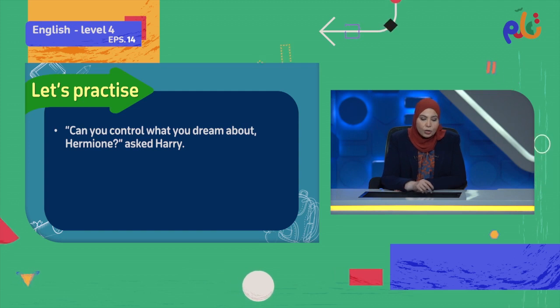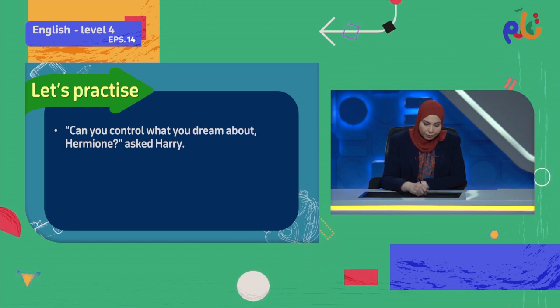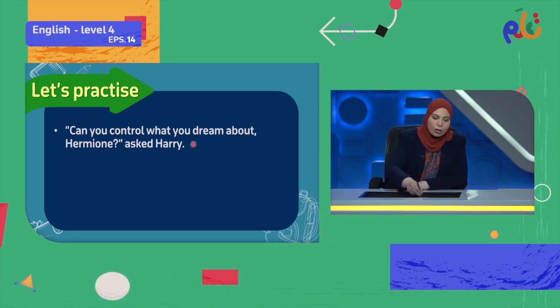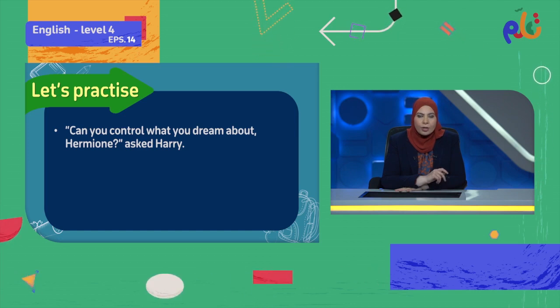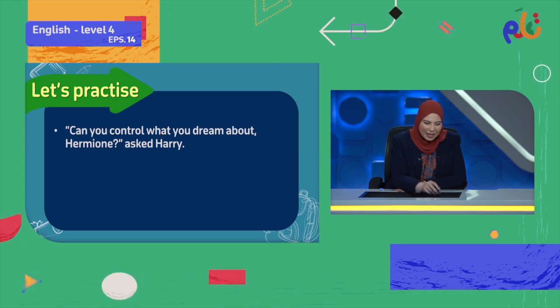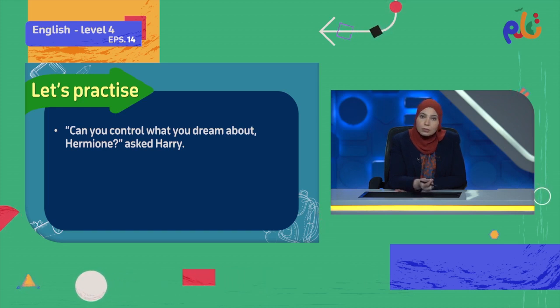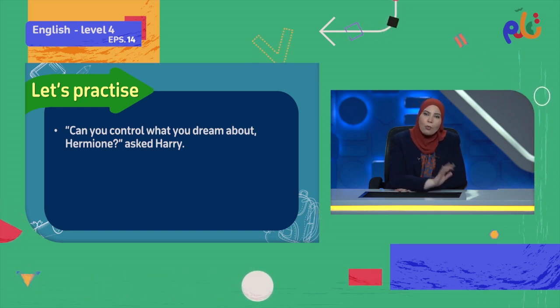One more. Can you control what you dream about? Hermione asked Harry. So, let's take a look. What exactly are we going to change here? First things first, the easy things: removing quotations and question marks. And then we look at the statement itself. Yes, no, or WH? It's a yes, no question because we start with the modal. So in this case, I'm going to put if or whether.